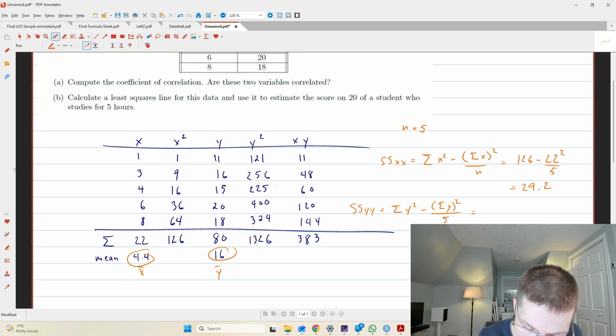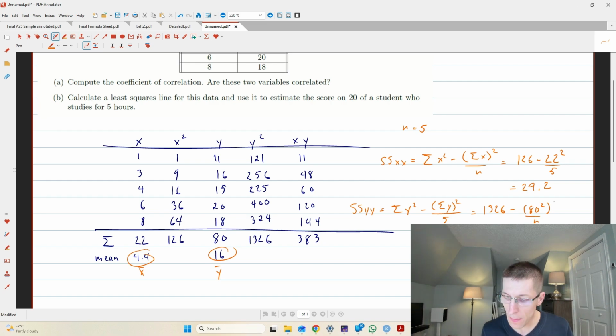No, sorry, sum of my y squareds came out to be 1326 minus my 80 squared over n. I know n already, so I'll just leave it as 5. And that one should come out to 46.